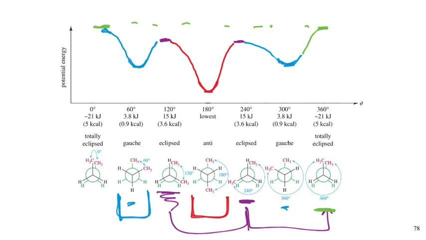Our eclipsing interactions are peaks, whereas our staggered interactions are valleys. This is important when we think about chemistry because peaks can't exist. They're a transitional point. In chemistry, everything that exists, as we reference existence, is a valley. So we want to be very careful to label our valleys very well.